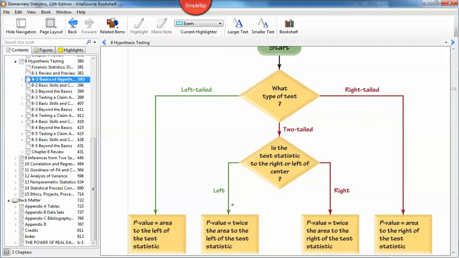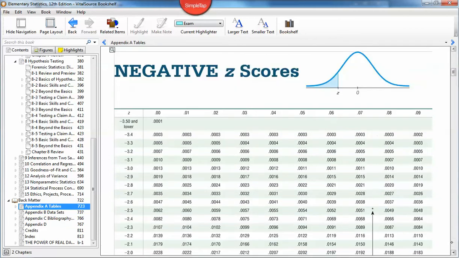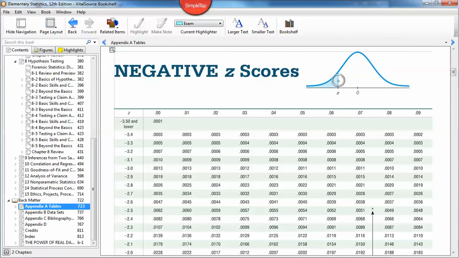So our p-value is going to equal twice the area to the left of the test statistic. So we have to use the test statistic in our table. Go to your z-score table. Alright, and our z-score was negative 0.92. Now it's good that ours was to the left, because remember this chart shows area cumulative up to that point.